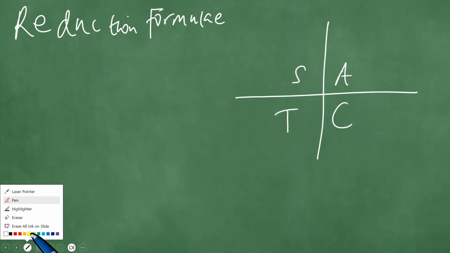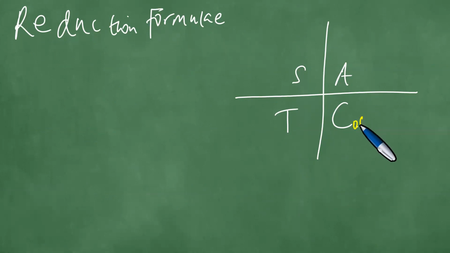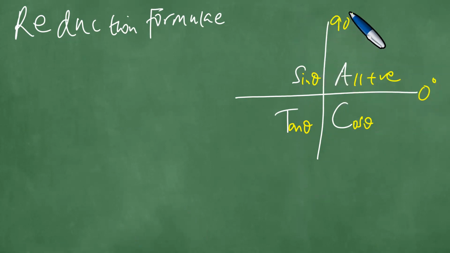In view of the CAST diagram, we know that cosine theta, tangent of theta, sine theta are all positive in their quadrants. 0 degrees, 90 degrees, 180 degrees, 270 degrees, 360 degrees. Okay, so we continue.